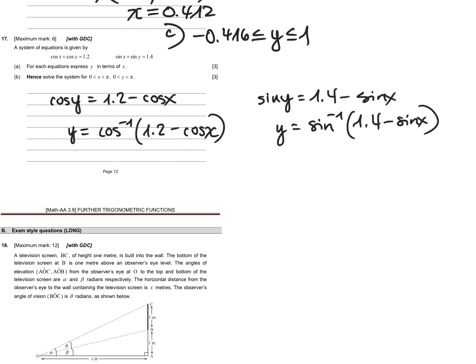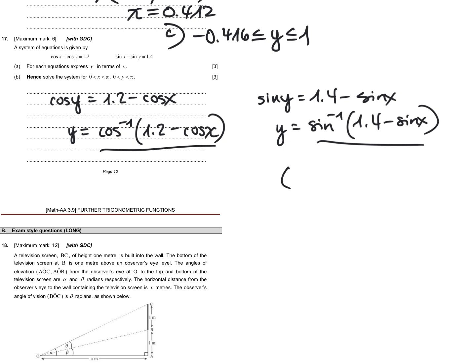And then we have to solve the system for 0 to pi for both x and y. So we're just going to put each of these in on the graph. Finding the intersections, I guess it's a coordinate point.